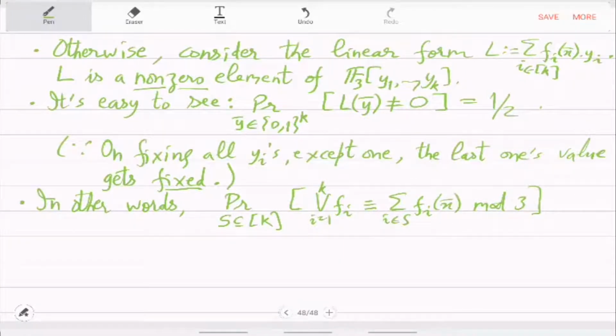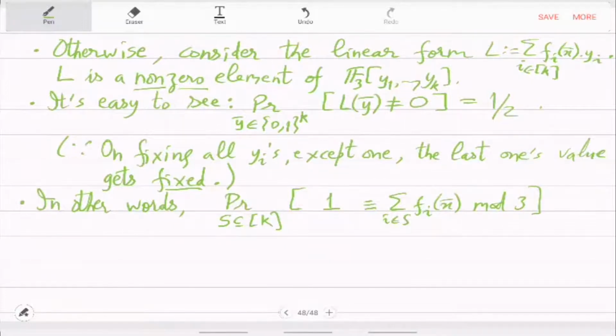So this OR is already 1, and Ly bar that we are looking at is those yi's such that i is in S. So that is the sum of fi for these i's. This sum is equal to 1. This probability we have shown is half.